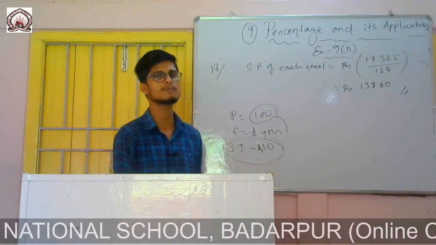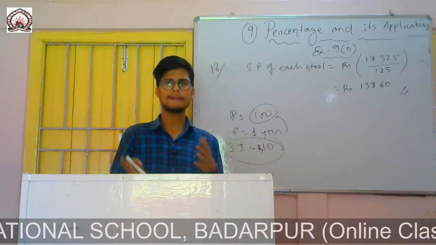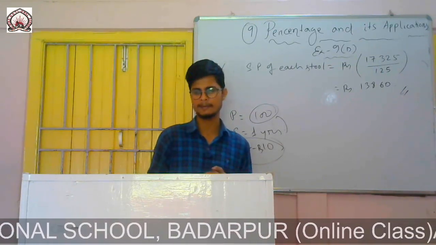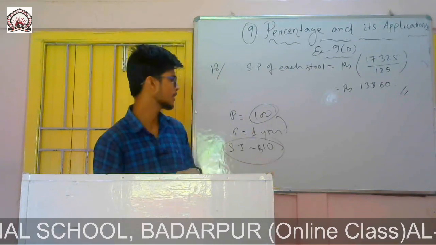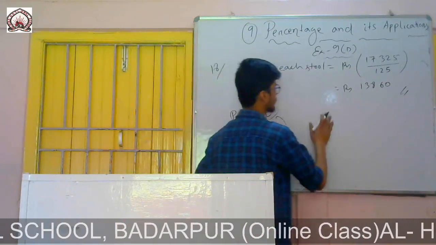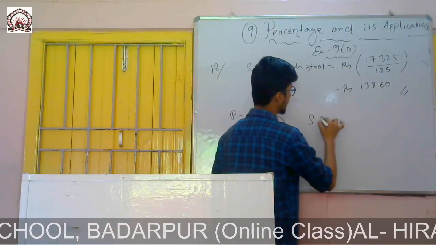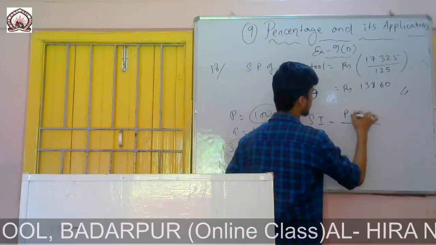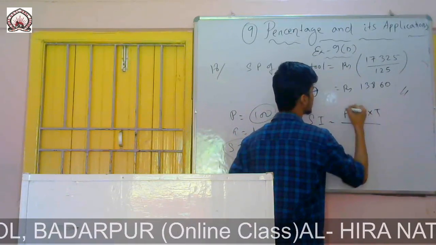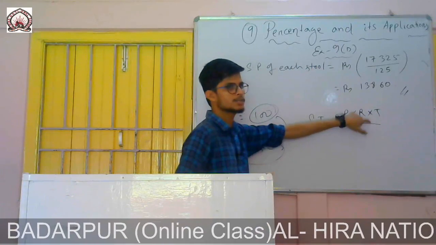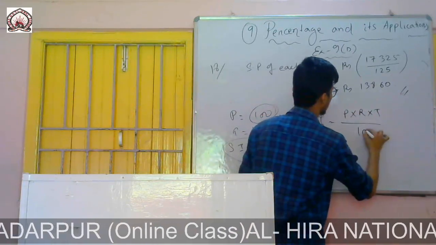So in the question the rate of interest will be given, 5%, 10%, like this. You have to solve and you will get the answer. We know the formula of simple interest: SI equals PRT by 100. P is the principal, R is the rate, T is time, divided by 100.